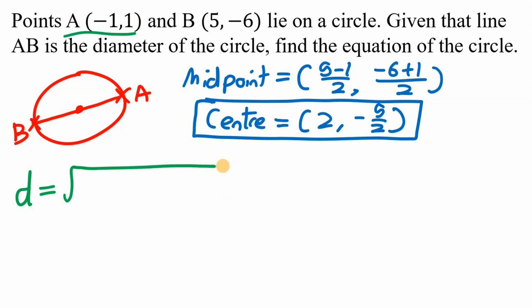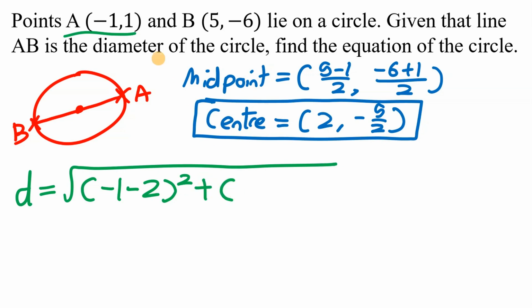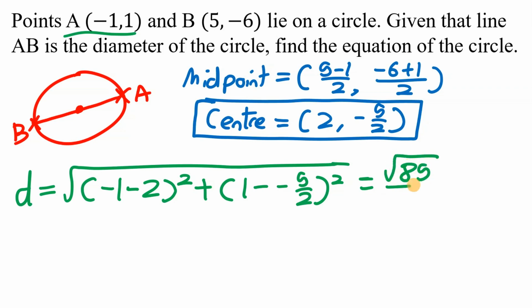So D is the square root of (x2, which is going to be -1, minus x1, which is 2) squared, plus (y2, which is 1, minus y1, which is going to be -5 over 2) squared. And if you put this into your calculator, it's equal to root 85 over 2. So this is the radius of the circle.